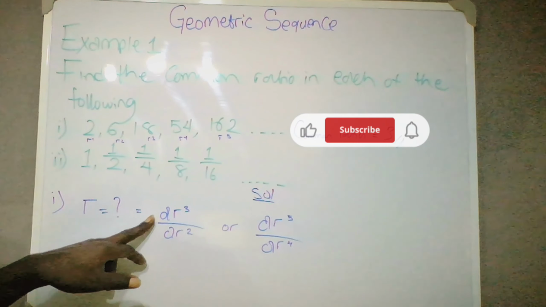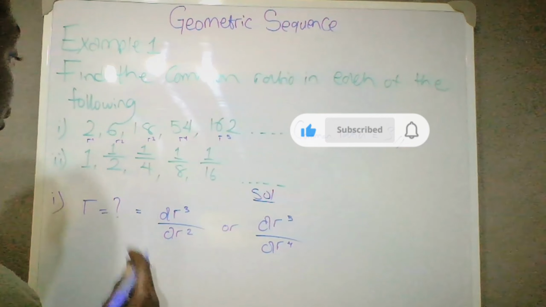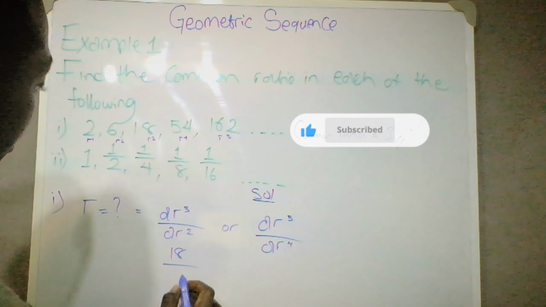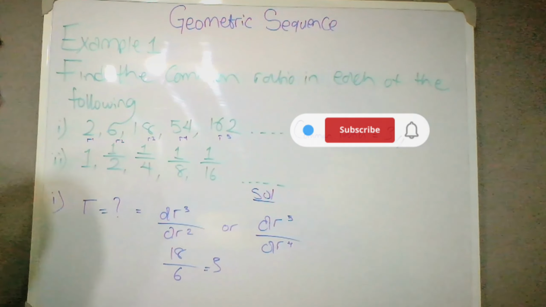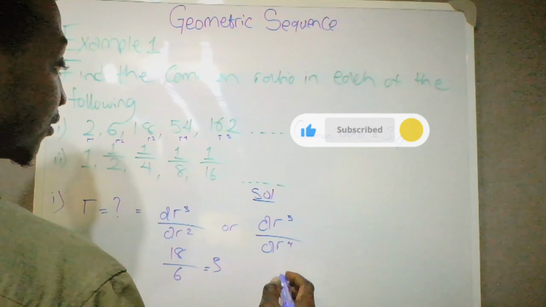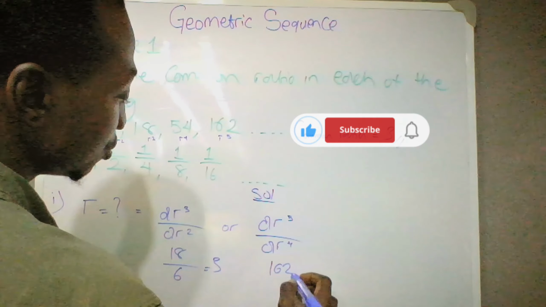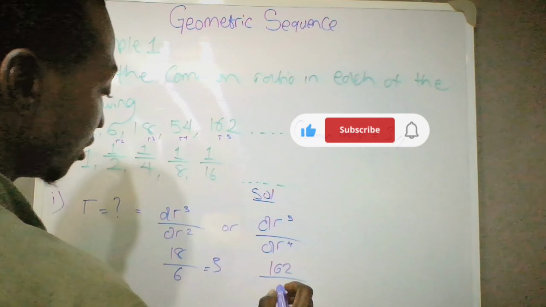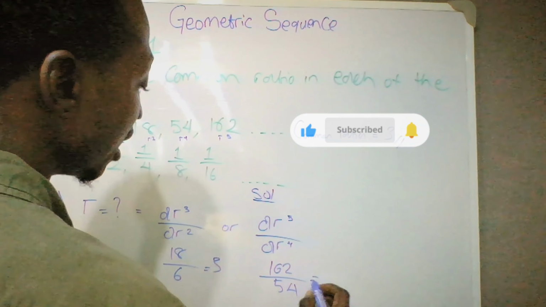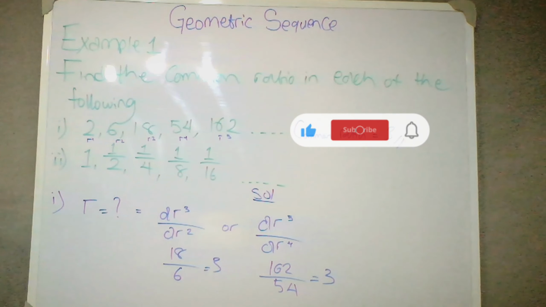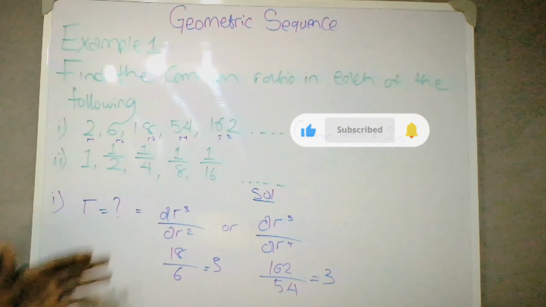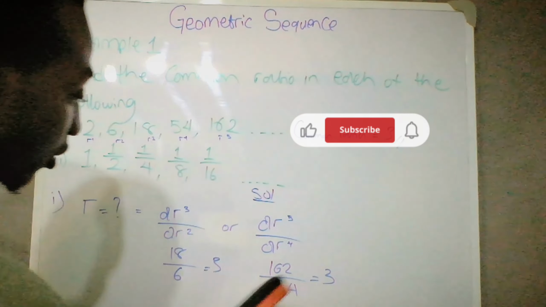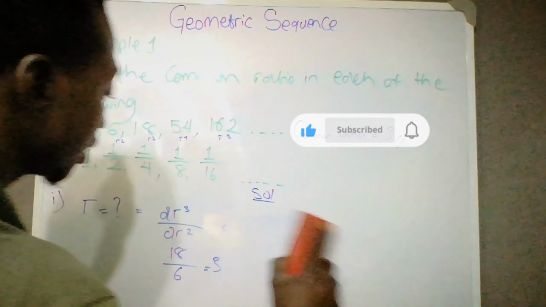Going by this, AR3 is 18 and AR2 is 6, so we have 3. AR5 is 162, and AR raised to power 4 is 54. We have 3. So that's how to get the common ratio. Very simple and straightforward.